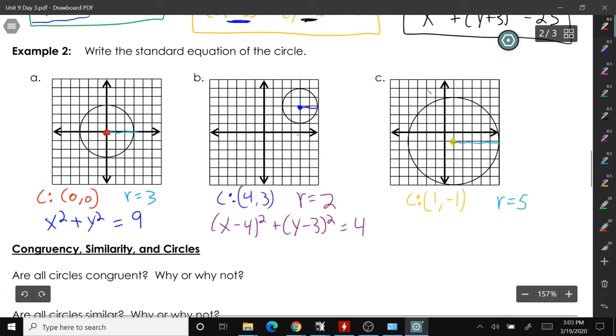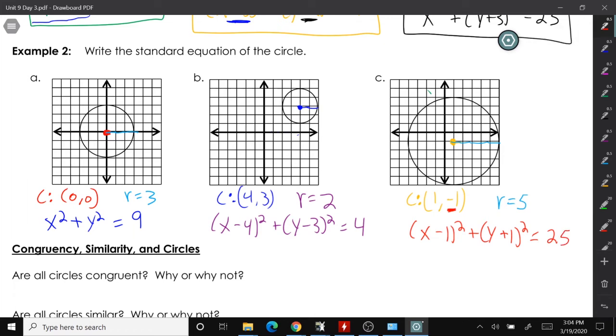So then the equation is going to be x minus 1 squared plus, this is going to be y minus negative 1, because we have a negative 1 right here. So it's going to be plus 1 squared equals 25, because 5 squared is 25. Okay, so whenever we want to write an equation of a circle, we need the center and we need the radius. And there's a lot of ways we can get those.